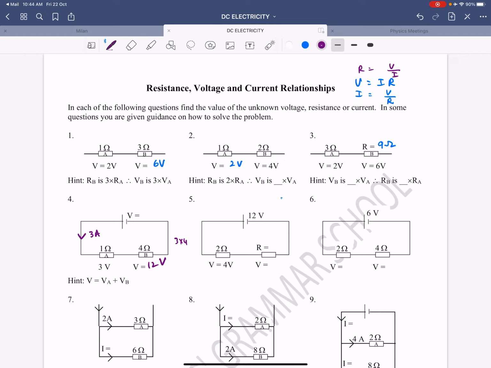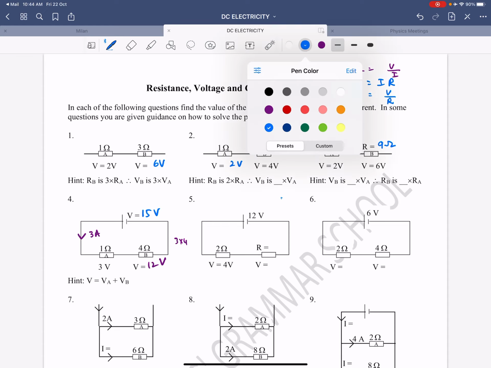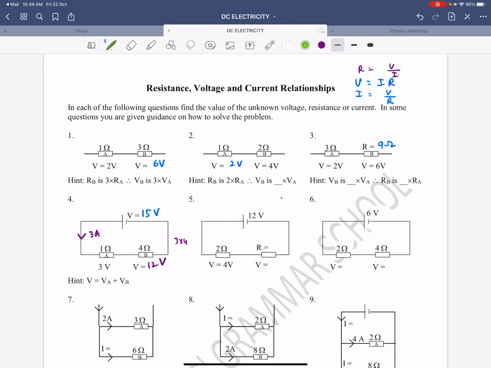And so this is a series circuit. So the total voltage for this is 12 plus 3, 15 volts. Now here too, let's get the current. So the current over here is 4 divided by 2, which is 2 amps.